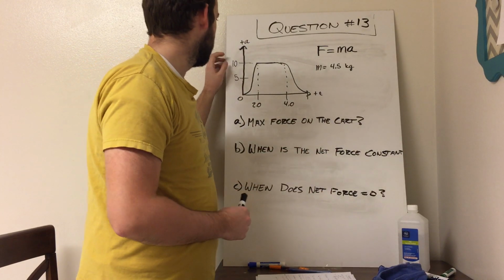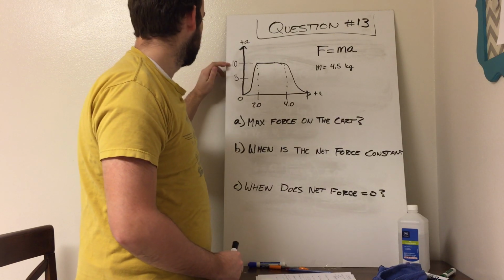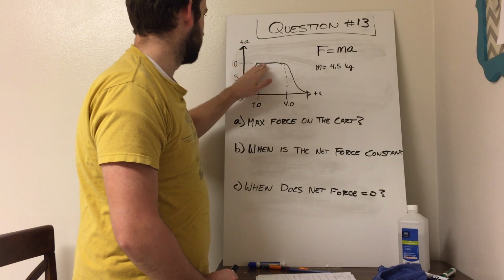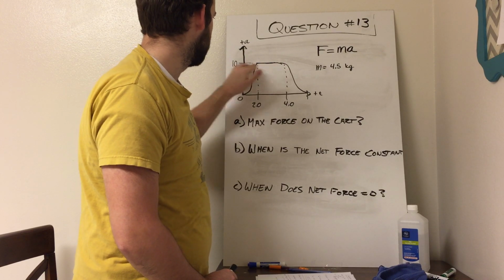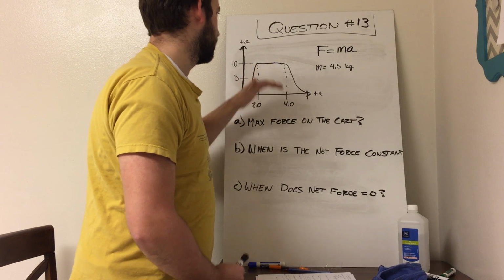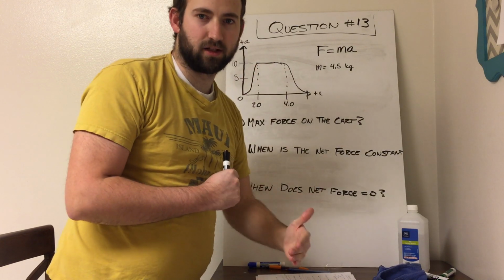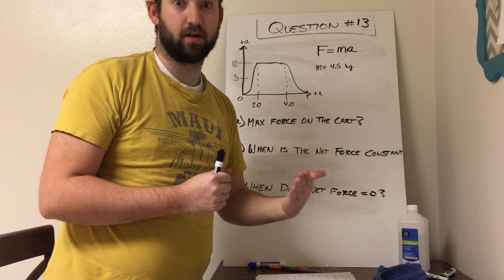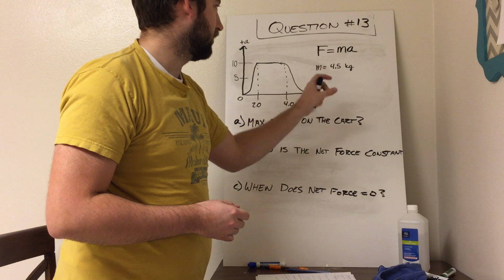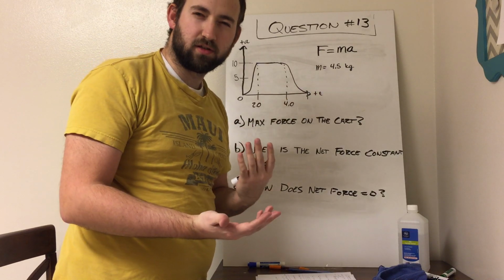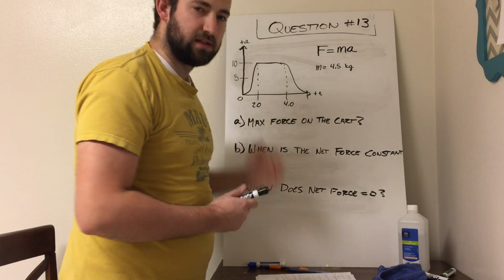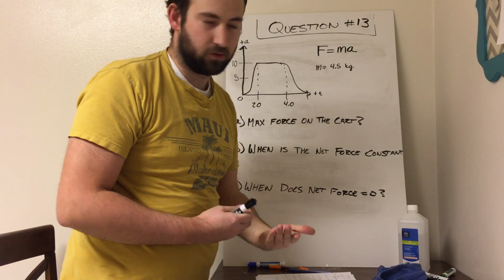First of all, it wants the value. We can see that the acceleration peaks out at 10 meters per second squared. That's the very highest acceleration the cart is going to undergo. Since the acceleration is the only thing changing, if the acceleration is at the highest, then that's our max force.